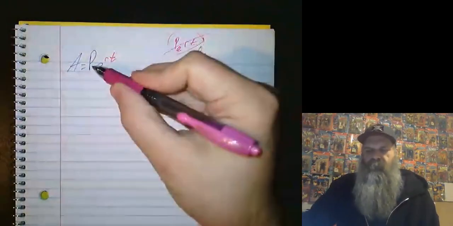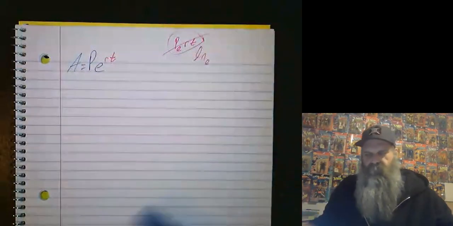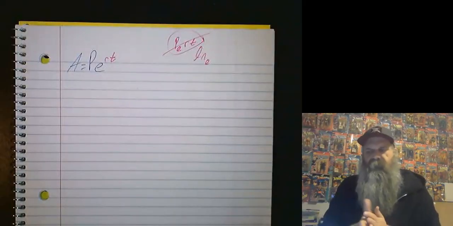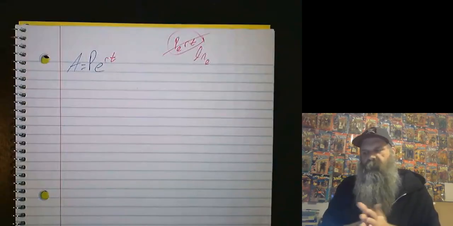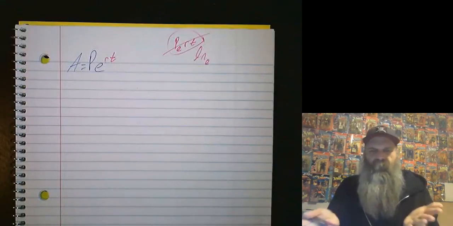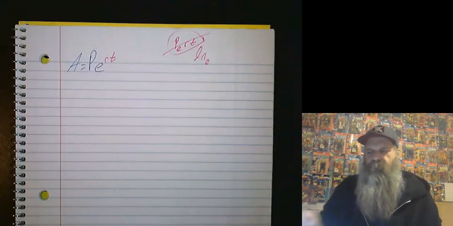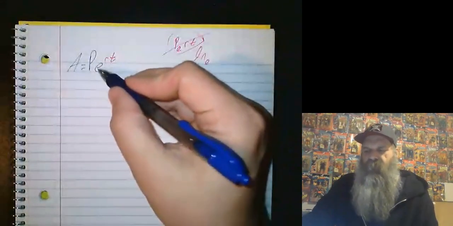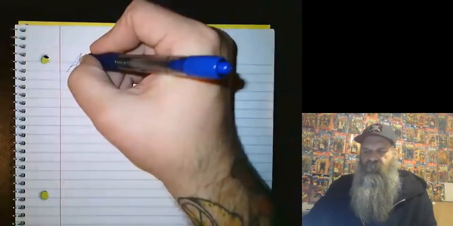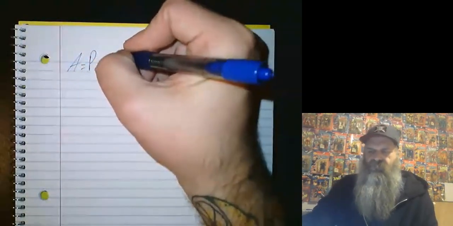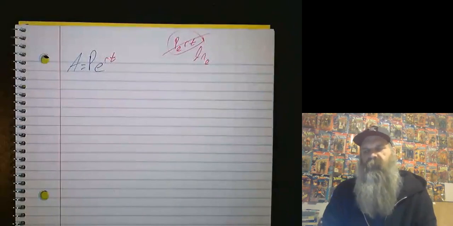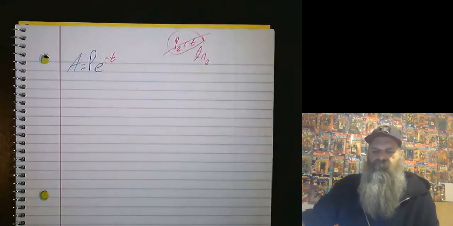But here, E is a value. It's just like pi. It's a constant. How they discovered it really isn't important right now. But E is a value. A, P, R, and T are all variables.